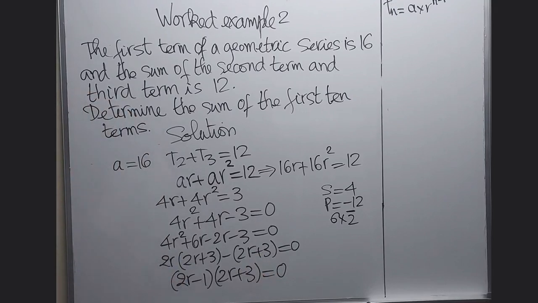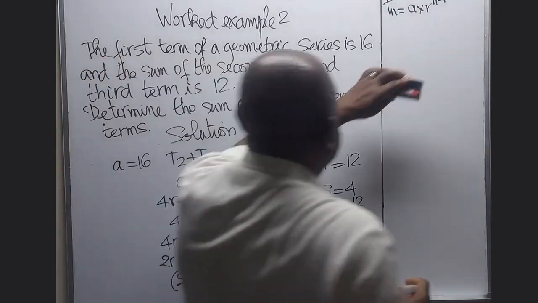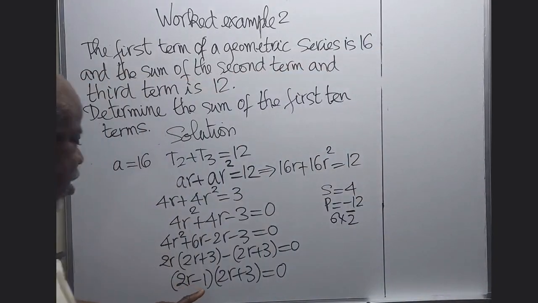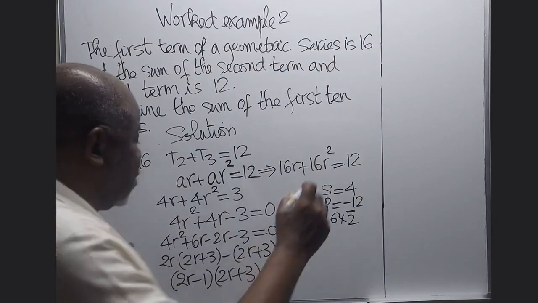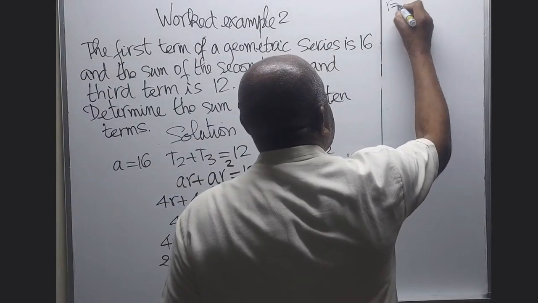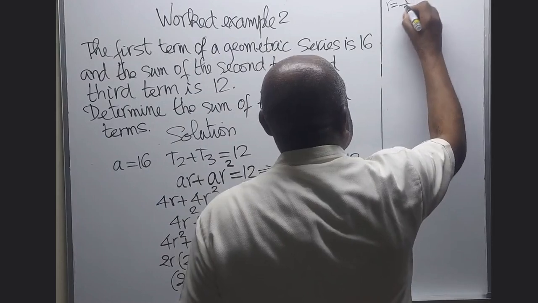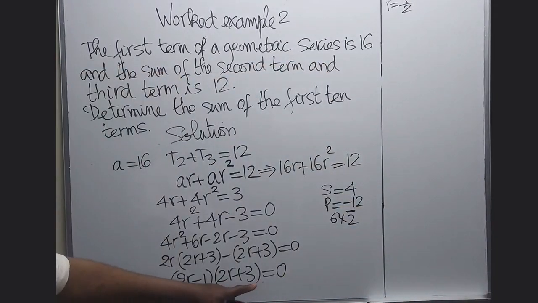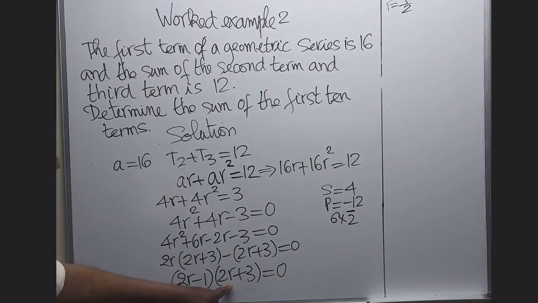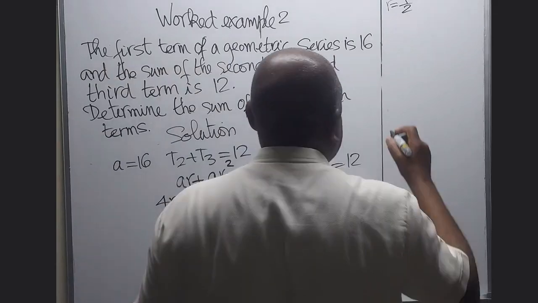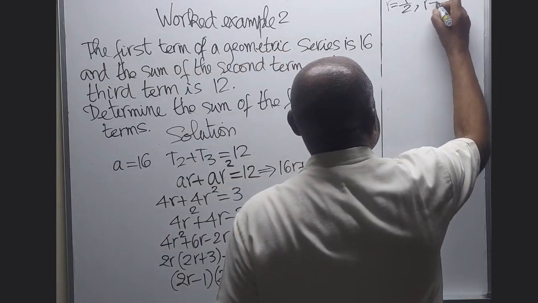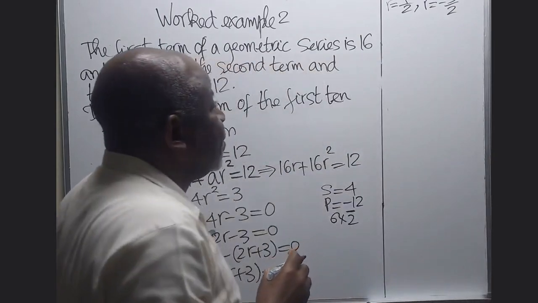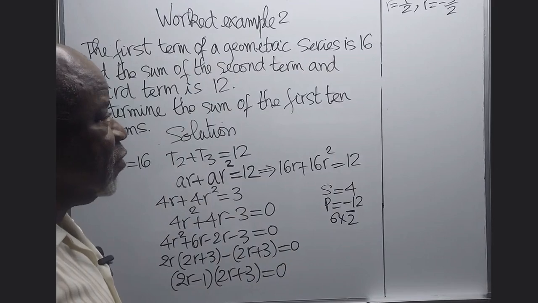And the value of r here, for the first one, 2r minus 1 is equal to 0. Our r will be equal to 1 over 2. And the other one is 2r plus 3 is equal to 0. The value of r here will be minus 3 over 2. So we're having r is equal to 1 over 2 or negative 3 over 2.